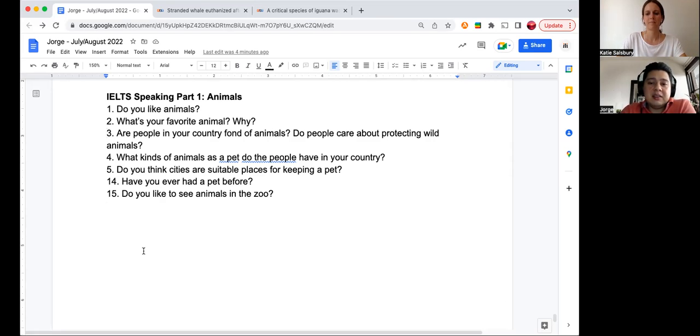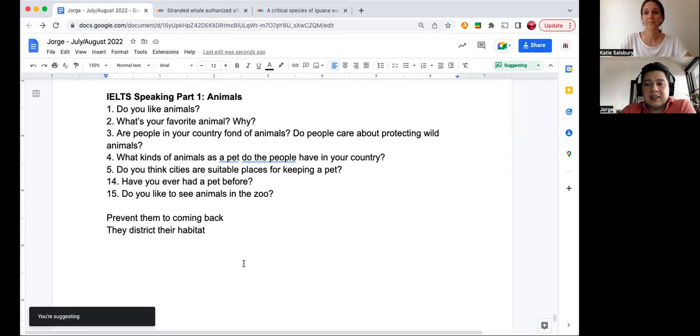And speaking of wild animals, often they don't care about them and they destroy their habitat. And because of the lack of knowledge about many species, they usually try to kill them. So I would say that here in Mexico, they don't really care about protecting wild animals, even though there are some organizations focused on trying to preserve all these species.